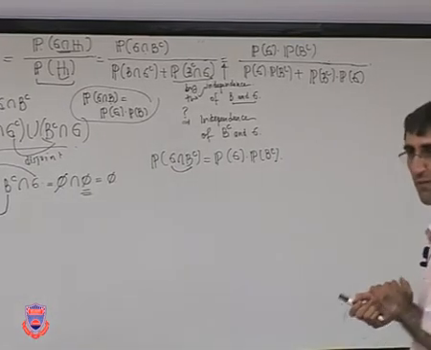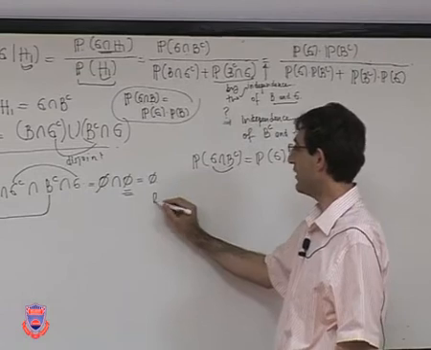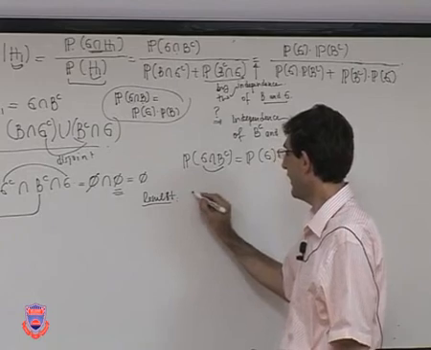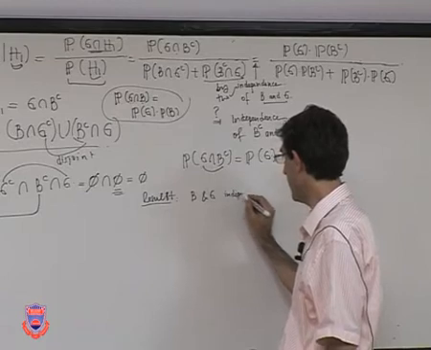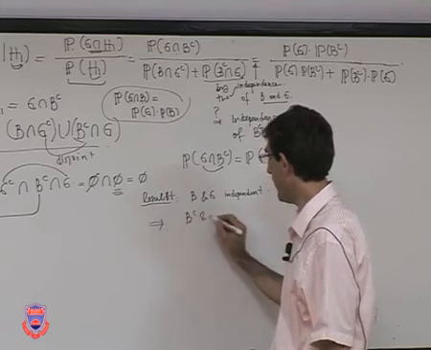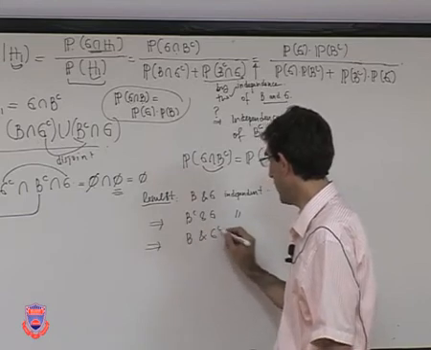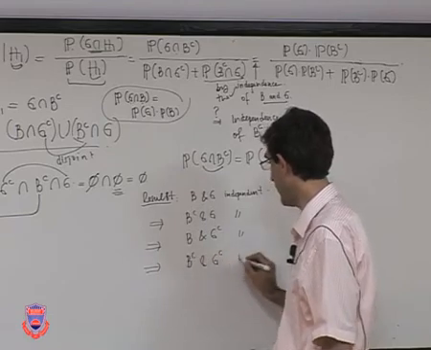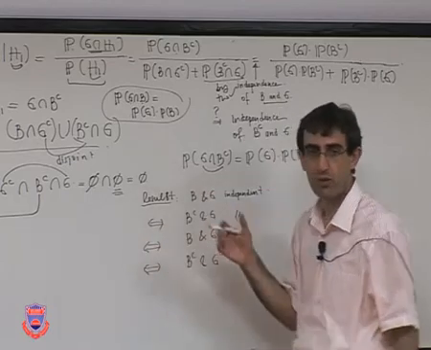I'm trying to confuse you. It is true, there is a result which says that if two events, let's say B and G, are independent, then B complement and G must be independent, and even B and G complement must be independent, and in fact B complement and G complement are independent, and the reverse is of course symmetric.